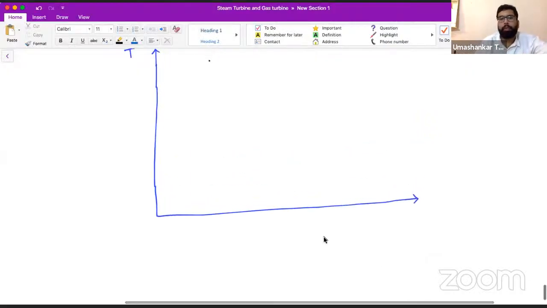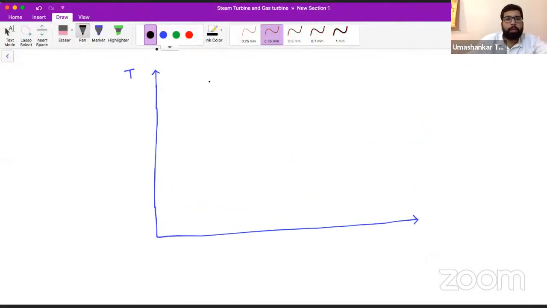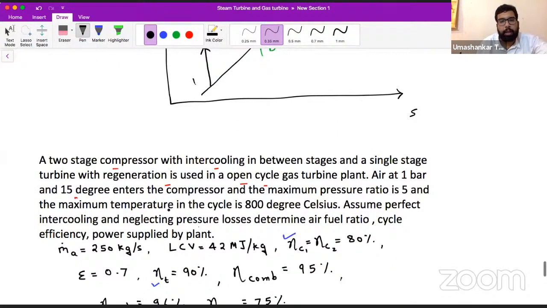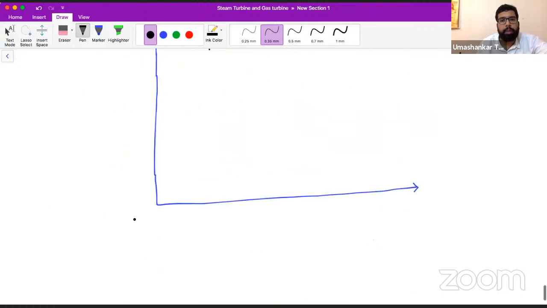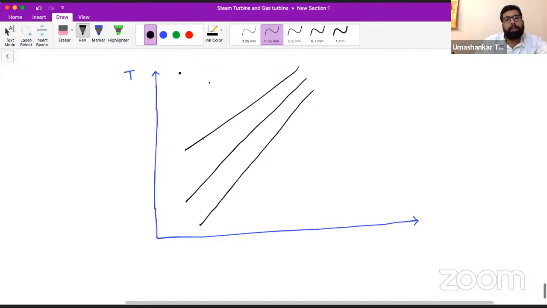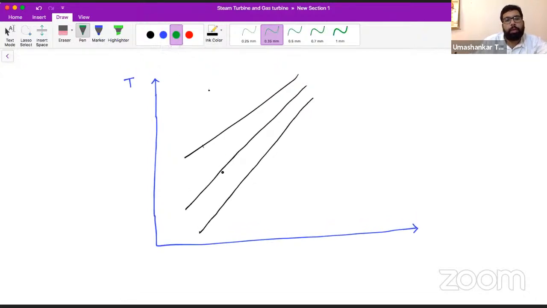Okay, coming back to this. It is written, assume perfect intercooling. Perfect intercooling, we already know what it is. That is why I told you that understanding the ideal cycle first is important. If you didn't know perfect intercooling, how would you be able to solve it?